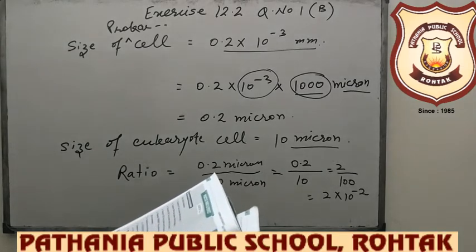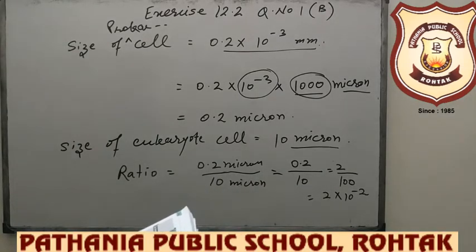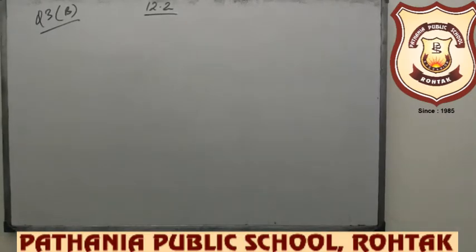Question number 3 is, how many molecules of water will be there in 320 gram of water if 1.8 gram of water contains this much molecule? So I am writing on the board this. क्या given है इसमें?